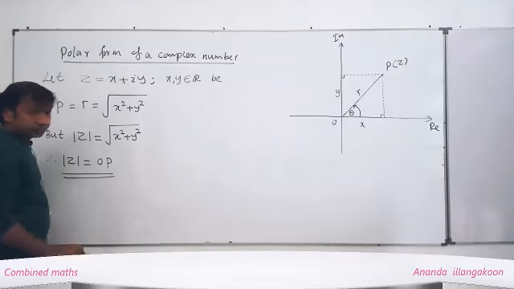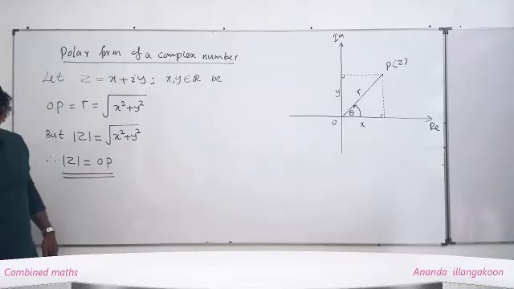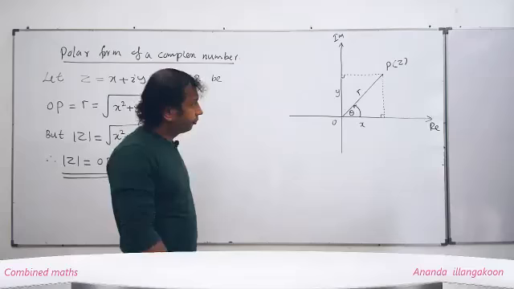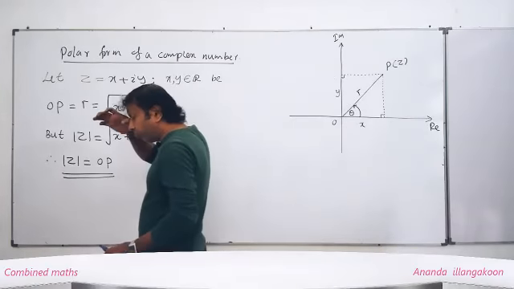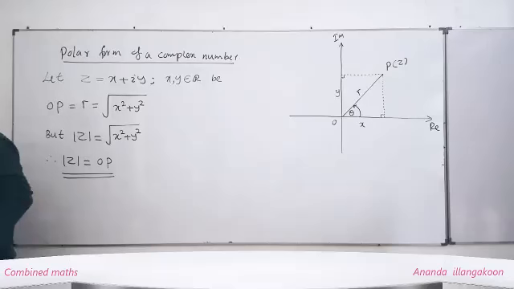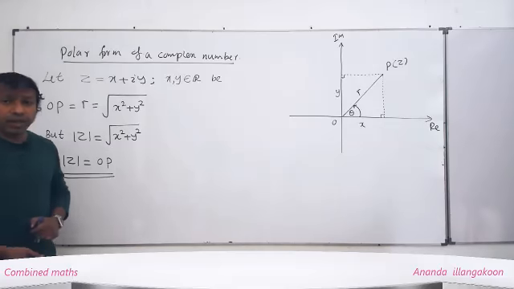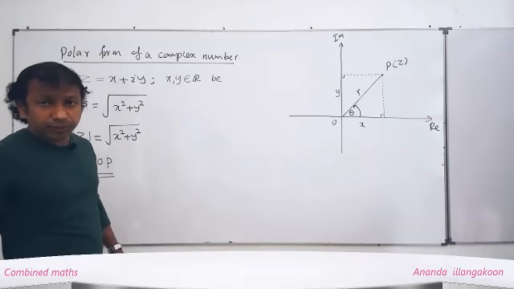Therefore, we get the geometrical meaning for the modulus of a complex number. That is nothing but the distance from origin to the point P. What is point P? The point on the Argand plane which represents the complex number, right?